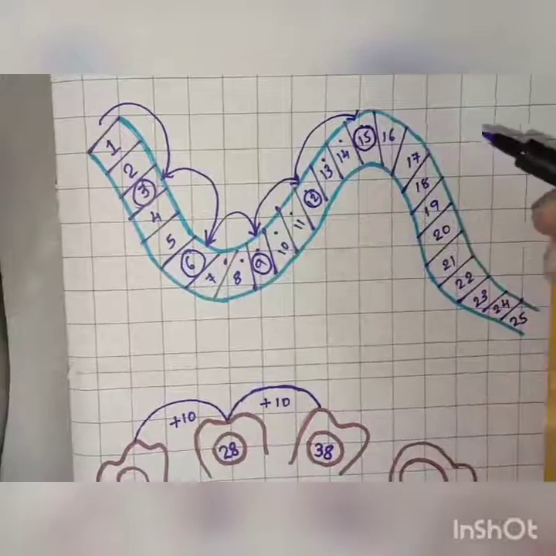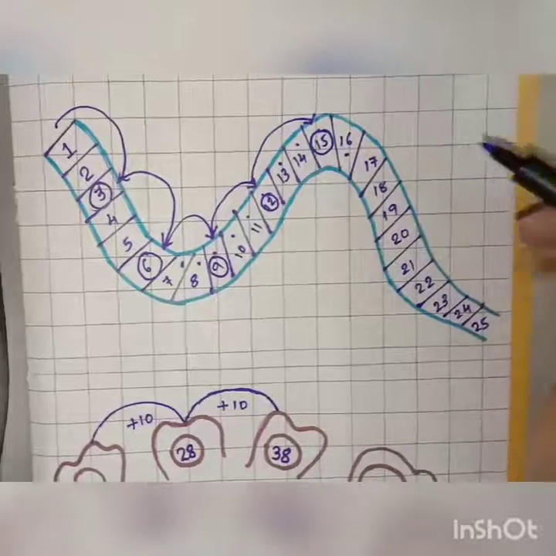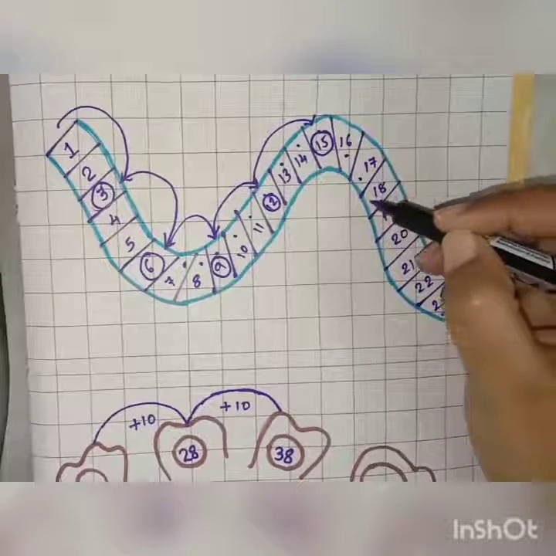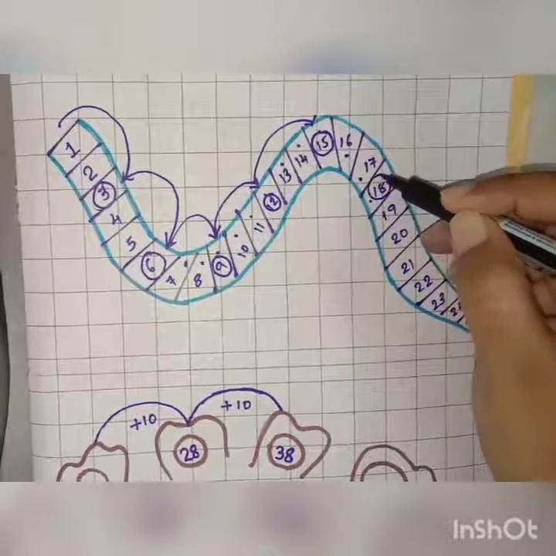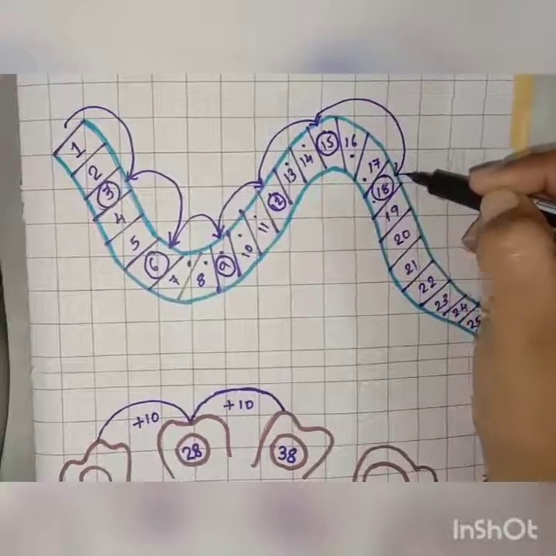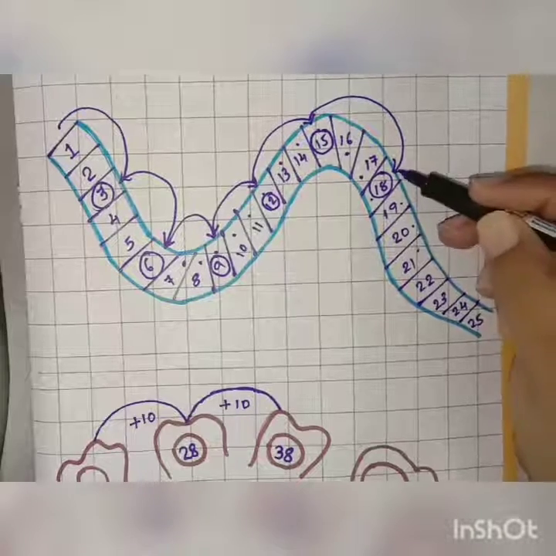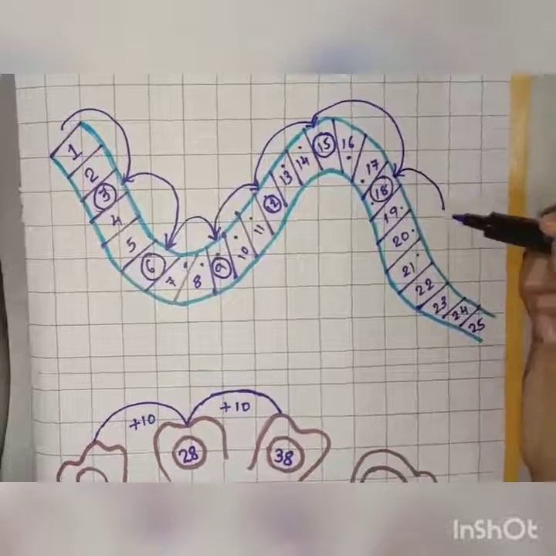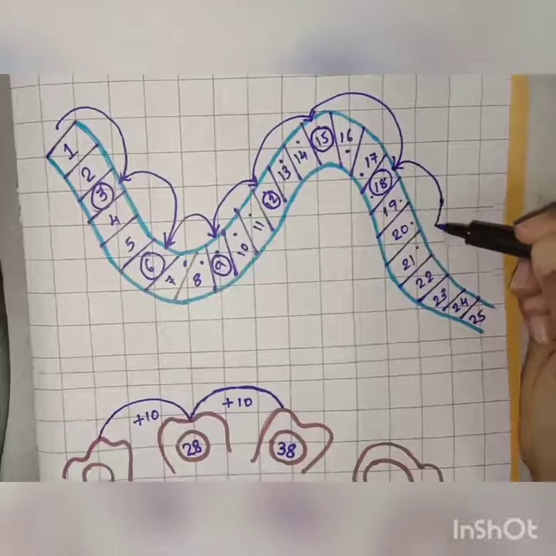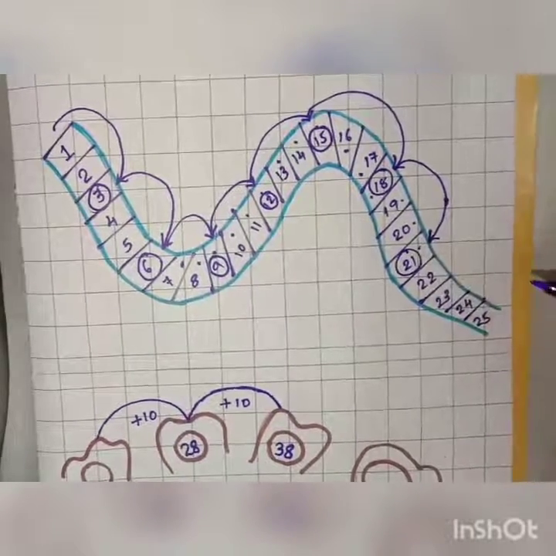After 15, 1, 2, 3, 18. After 18, 1, 2, 3. That means 21.